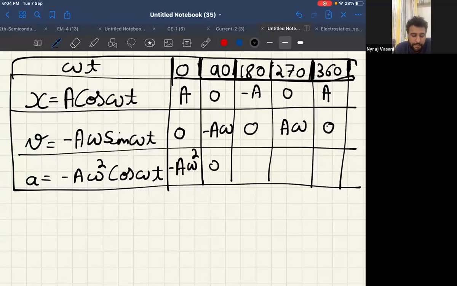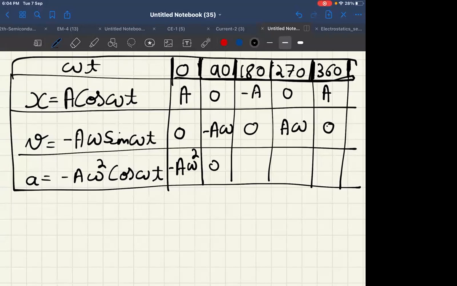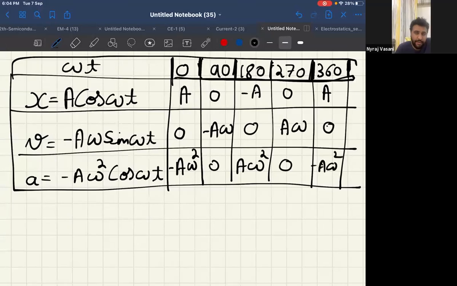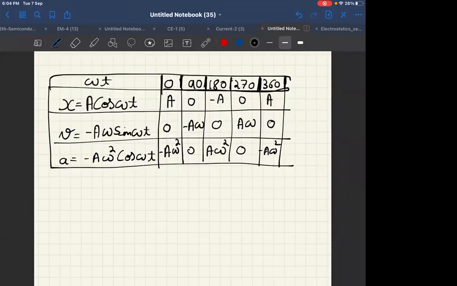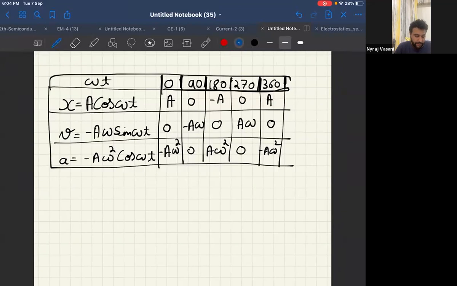What is the answer? Minus A omega square, 0, A omega square, 0, minus A omega square. Yes, sir. Starting will be minus A omega square. Okay, remember that. Now let me draw the graph of displacement.